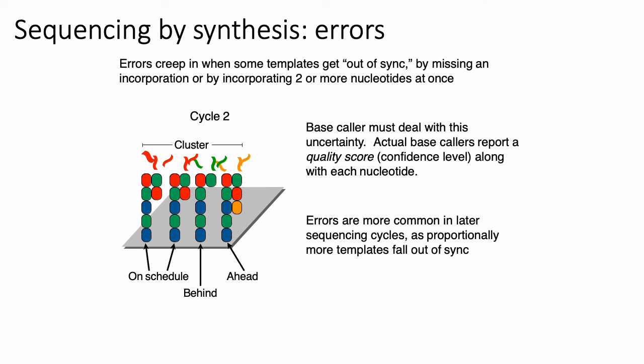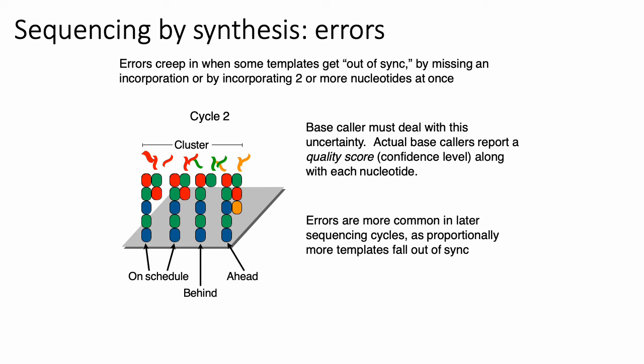In theory, with each cycle of sequencing by synthesis, you're only adding one nucleotide to each primer that's being elongated. So in theory, after say 10 cycles, each strand should have the primer plus 10 added nucleotides.